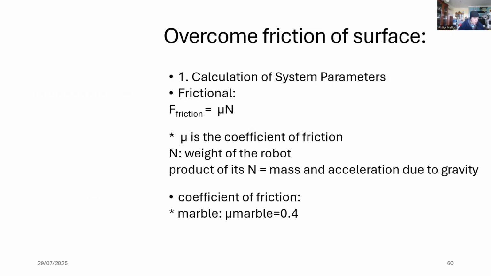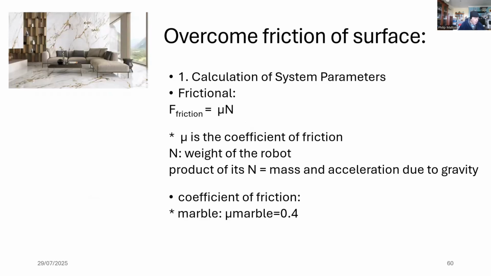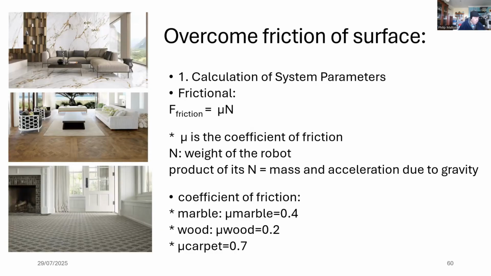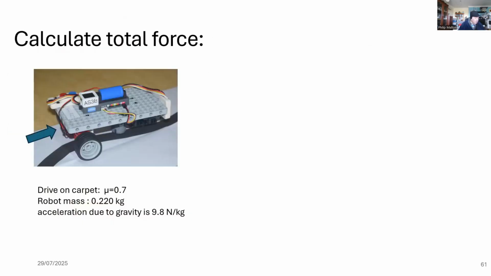For marble it's 0.4, for wood it's 0.2, and for carpet it's 0.7. We'll use those in our calculations. So N is 200 milligrams times 9.8, 2.16 newtons. And our friction, as a result, we multiply it by 0.7 to get 1.51 newtons.